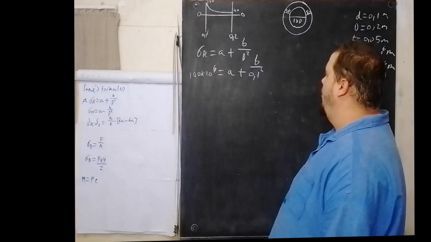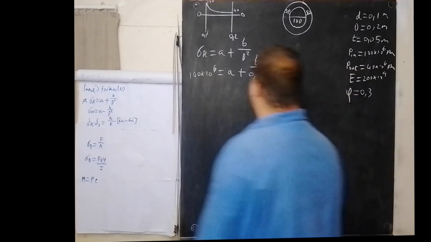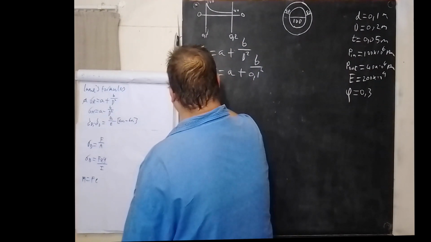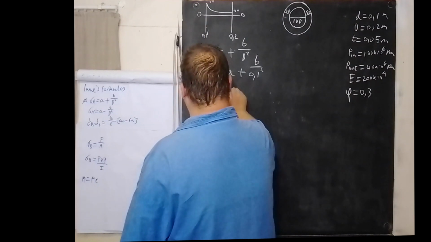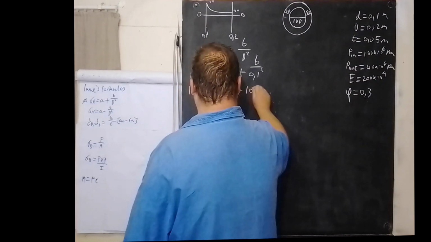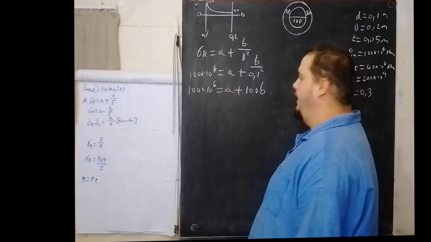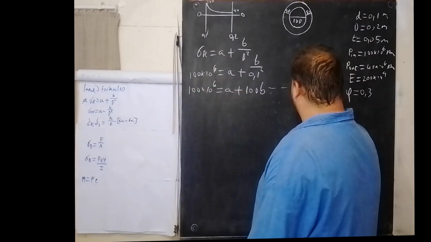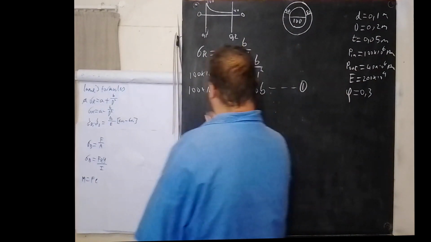Now 1 over 0.1 squared is exactly 100. So this is 100 times 10 to the 6 equals A plus 100 B. That's equation 1. Now we're going to work out equation 2.